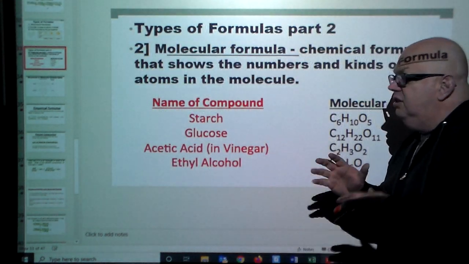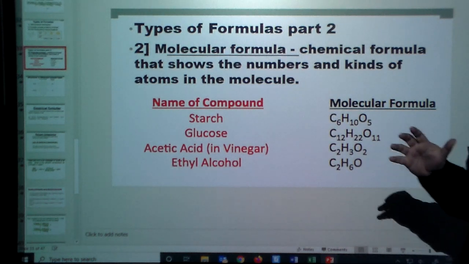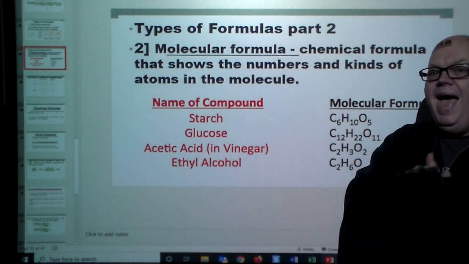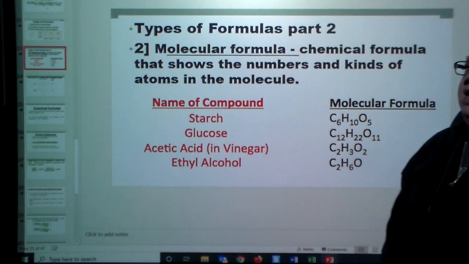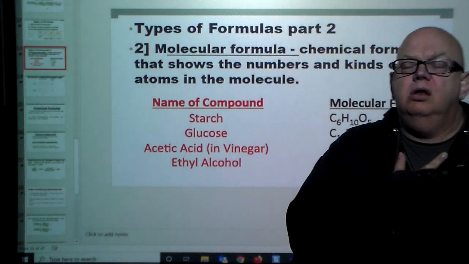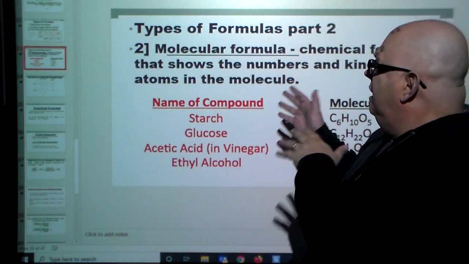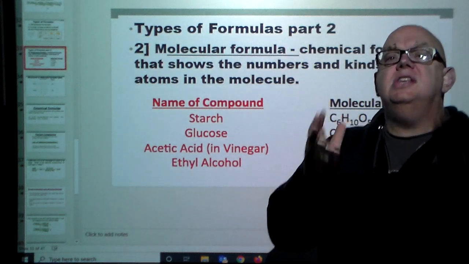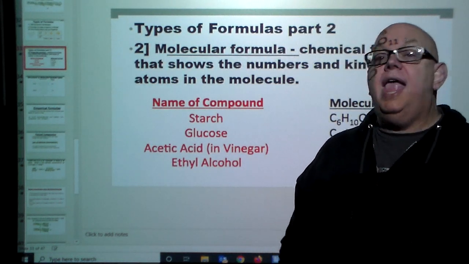But we also have to look at the molecular formula, okay? Because it does one thing. It's more packed in, it's more condensed, it's shorter, okay? What do I care? If I really don't care how the atoms are put together, the molecular formula is going to work for me because it still tells me how many of each kind of element do I have.